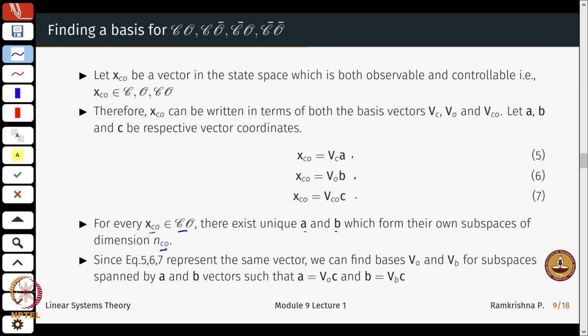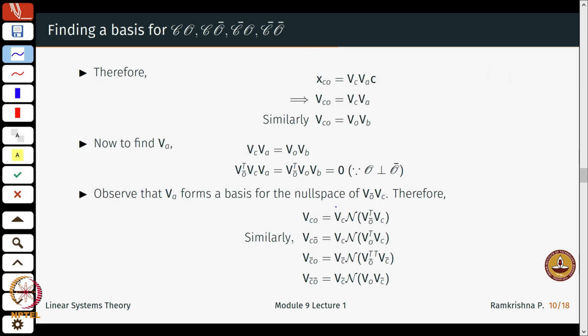This dimension is the dimension of the subspace which is both controllable and observable, and these are all the same vectors xc naught, which is Vc times a, Vo times b and Vco times c. These are all the same vectors. Now, can we find the basis for Vco? That is what we will do right now.